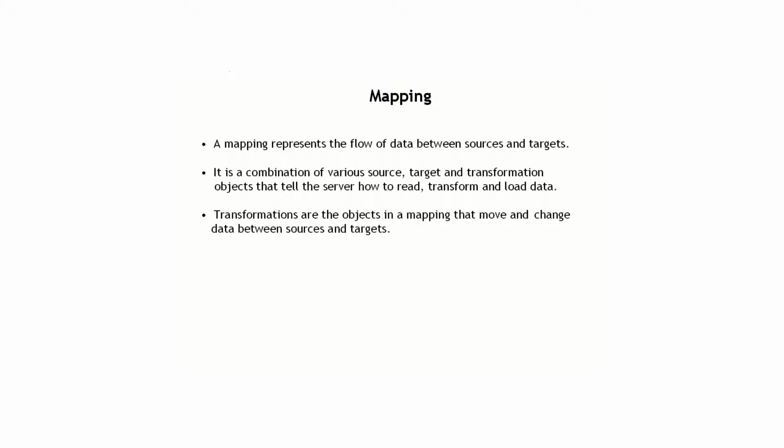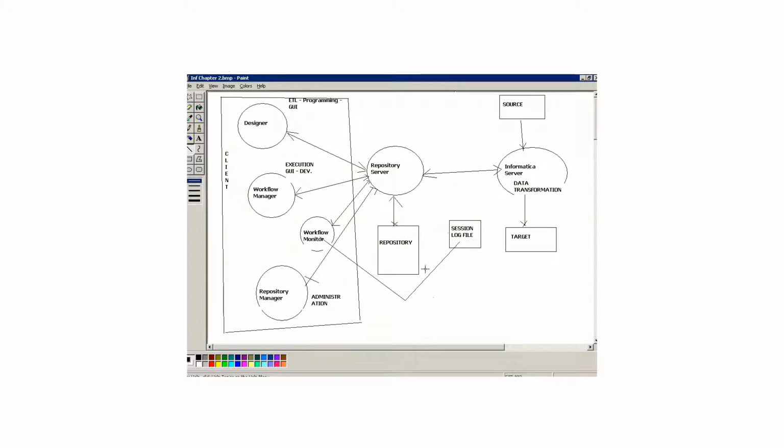Basically, you write in the mapping to read the data from the source, transform this data, and load the data into the target. This definition will be picked up by the Informatica server at runtime.